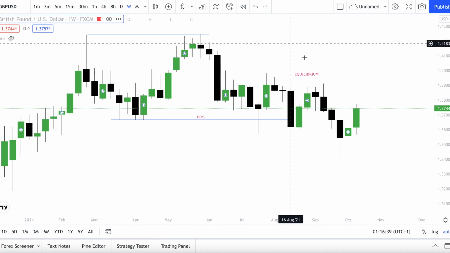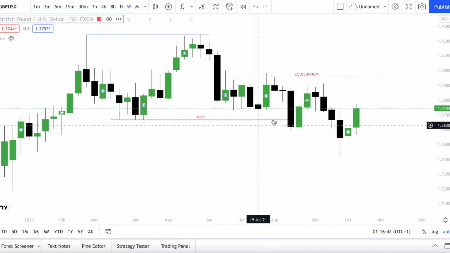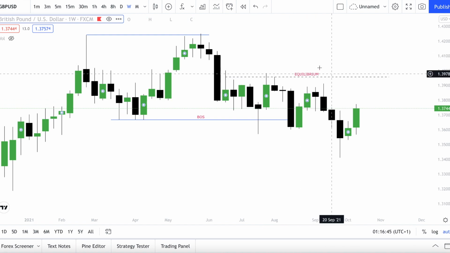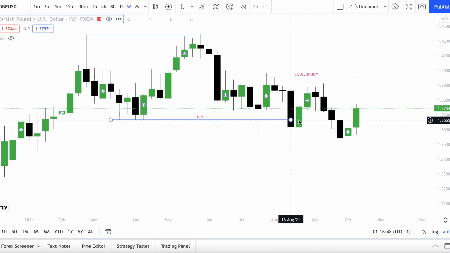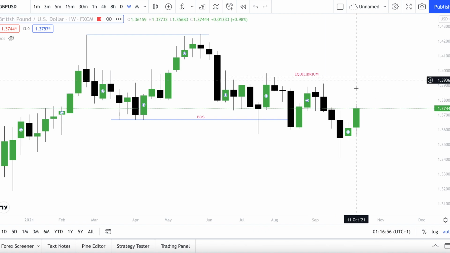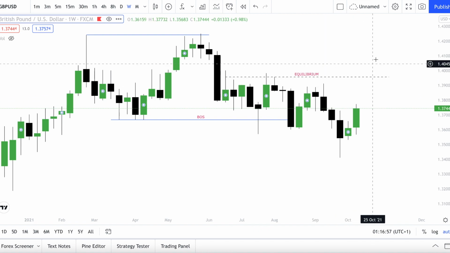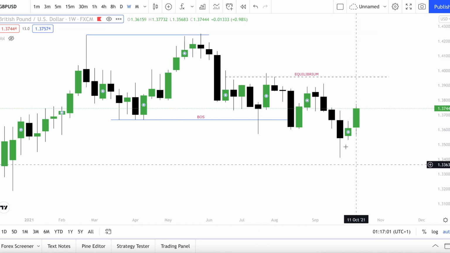Cool. This is our equilibrium level for our weekly time frame. The reason why is because this is our breaker structure here. After a breaker structure, we expect price to come to the equilibrium level and then potentially reject it or move above it to move higher basically.